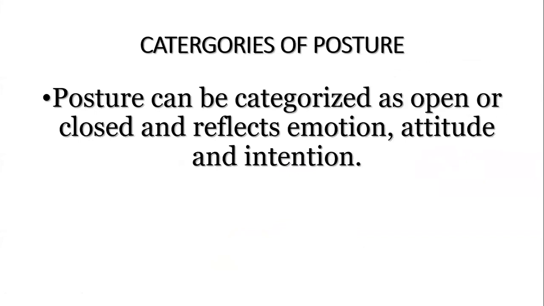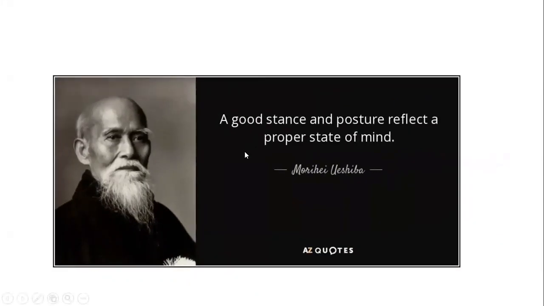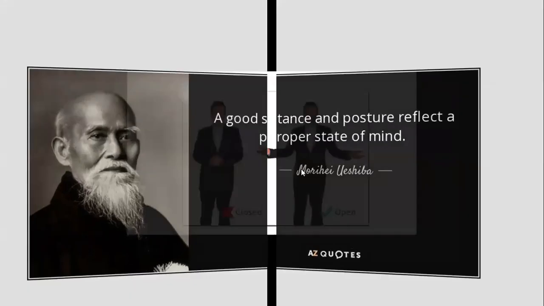You've got to be careful about your posture as you present because it reflects your emotions, your attitudes, and your intention. So let's look at what Morihei Ueshiba says. He says a good stance and posture reflects a proper state of mind.